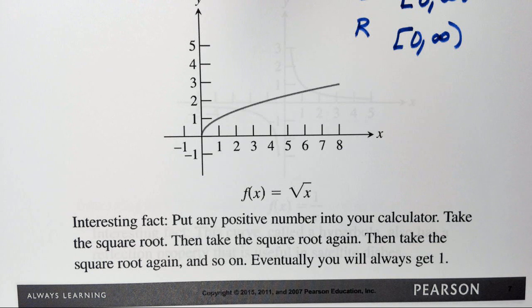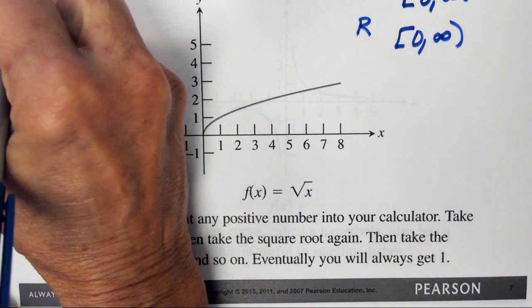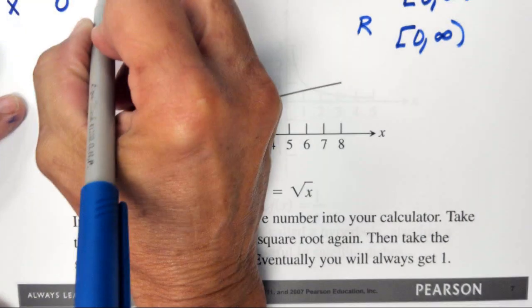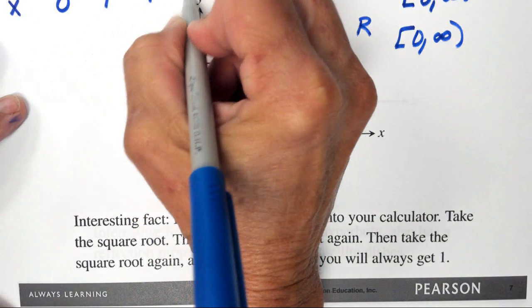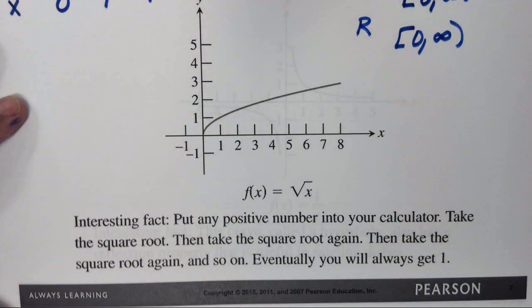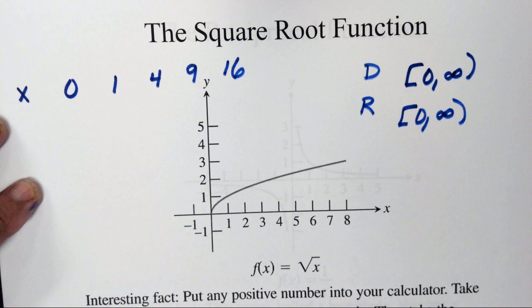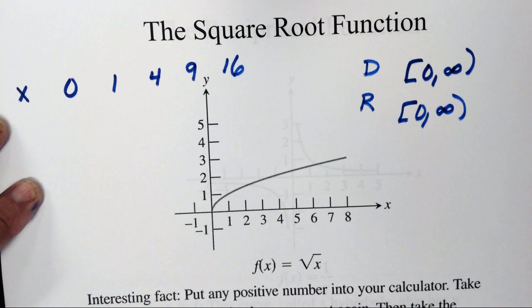Okay? I know even roots have restrictions on them, and so I need to think differently about my x values. So does it make sense to you that if I want to do square root, that these would be more appropriate numbers, if you can see them, to choose for my x's? Why?